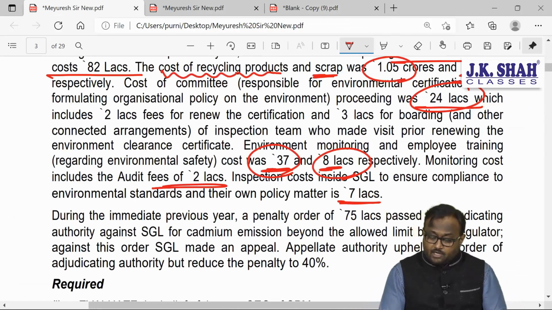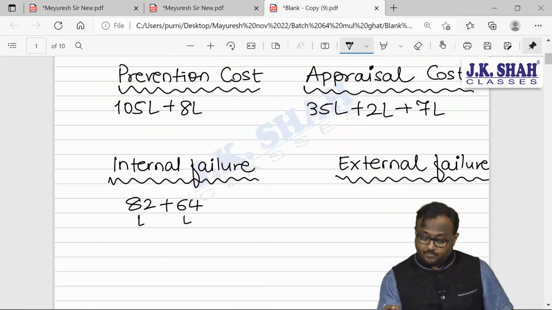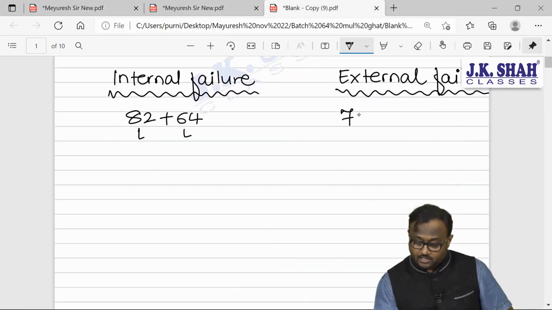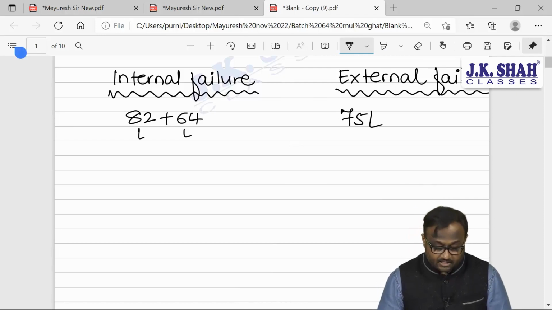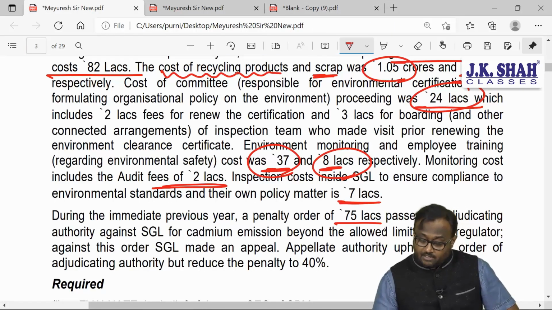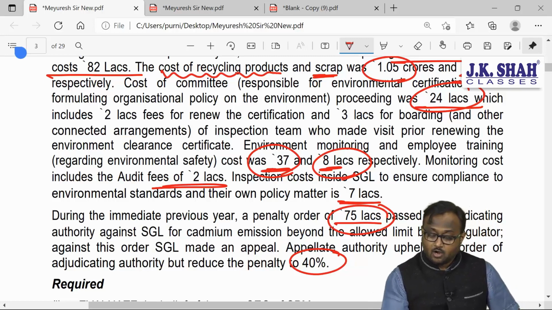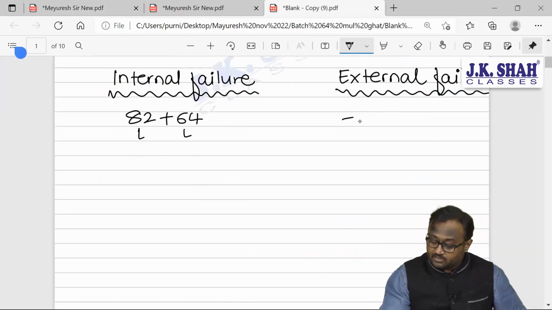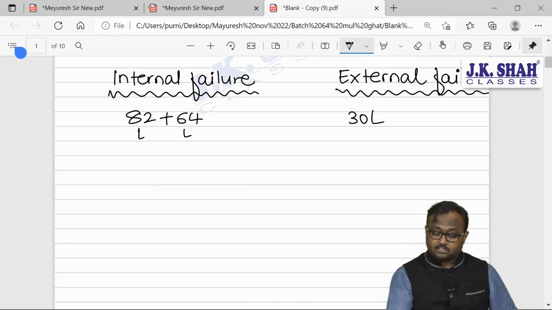During the immediate previous year, the penalty of 75 lakhs was passed. Okay, the penalty of 75 lakhs will be considered as external failure. But then it was reduced to 40%. So I will not take this as 75 lakhs anymore because it is reduced to 40%, that means 30 lakhs.